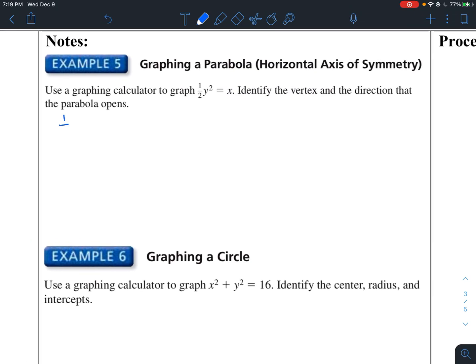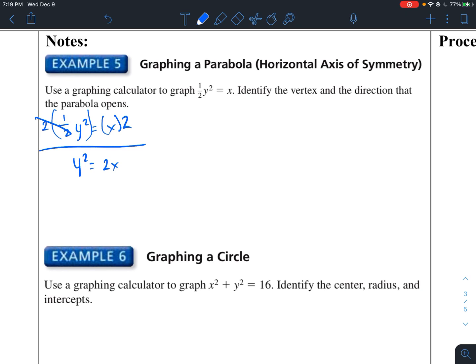So if I have 1 over 2 y squared equal to x, and I want to get y by itself, the first thing I'll probably want to do is multiply both sides by 2. By doing so, I can get rid of that right there, so I have y squared is equal to 2x.